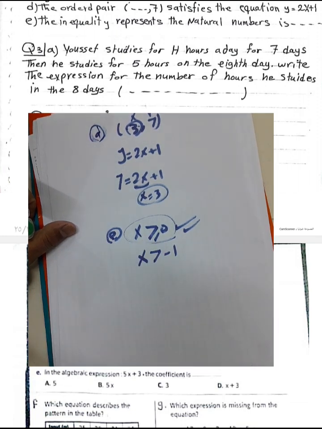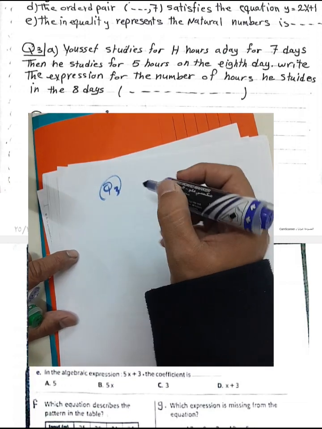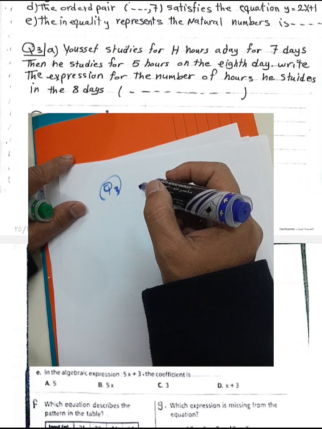Question number 3. Yusuf studied for 8 hours a day for 7 days. Then he studied 5 hours on the 8th day. What is the expression for the number of hours he studied in 8 days?